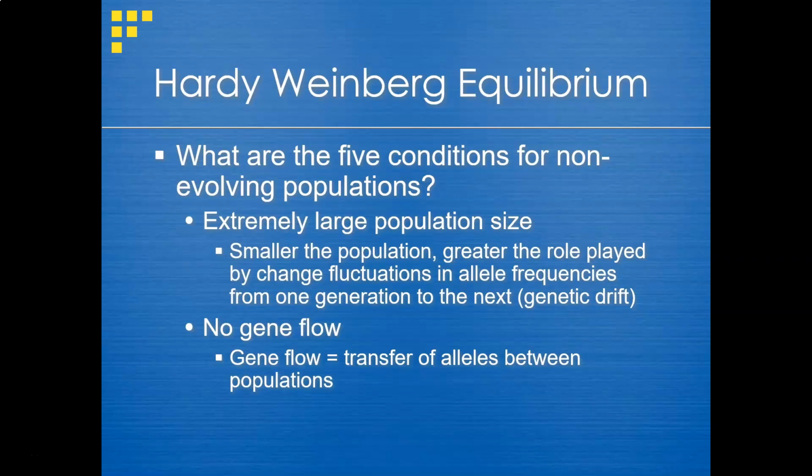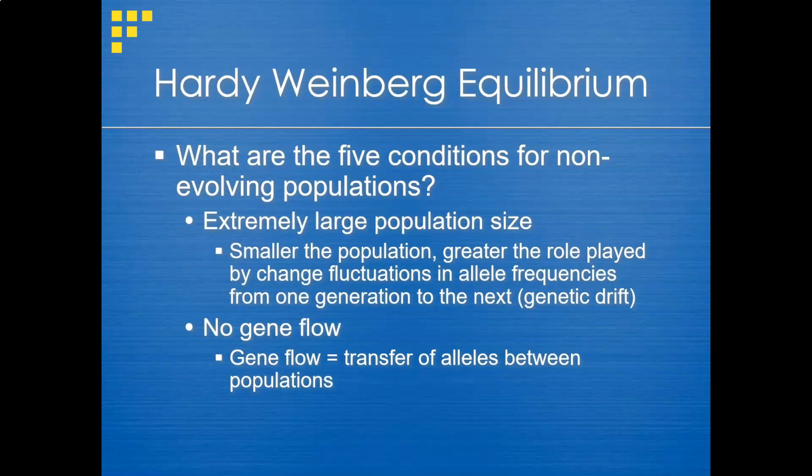So keeping in mind that Hardy-Weinberg equilibrium is just a tool to understand how populations would look should they not evolve, and also keeping in the back of your mind that most populations don't follow this, there are 5 conditions that a population would need to meet in order for it to actually fall under and work as Hardy-Weinberg predicted.